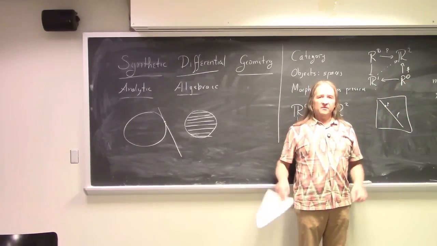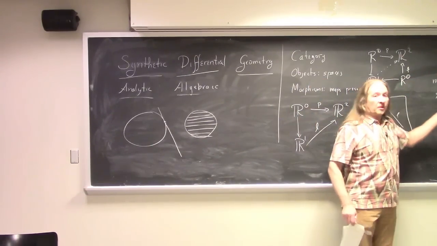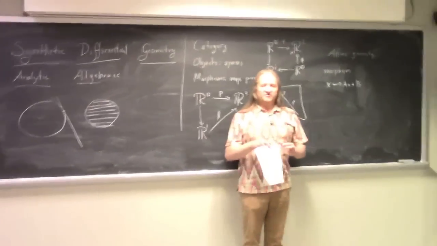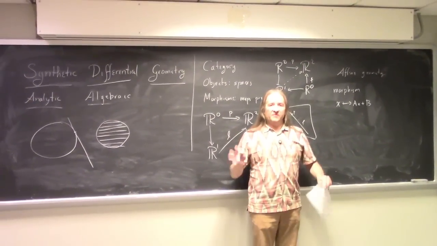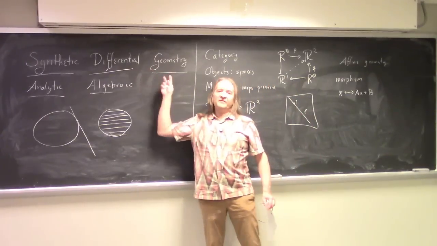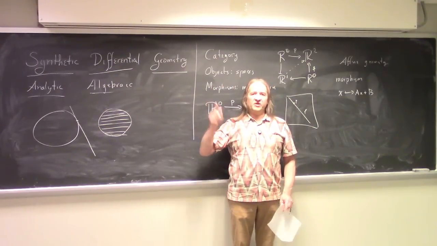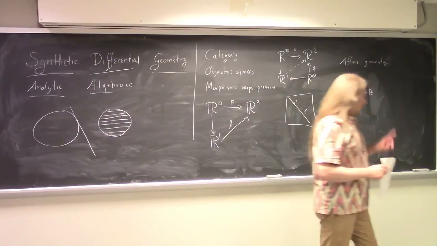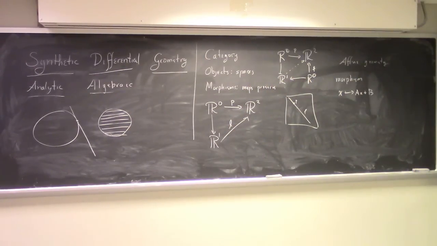If you're doing affine geometry, yes, they will. The category I have there will certainly have plenty of limits and co-limits in it. For synthetic differential geometry, I'm going to give a bunch of axioms in a minute, which actually are going to require limits. But give me 5 minutes to get to that point.